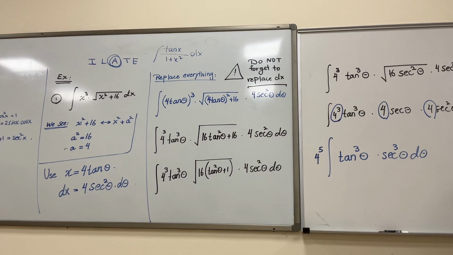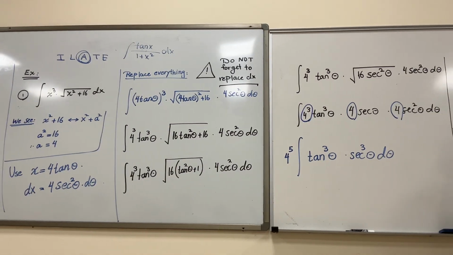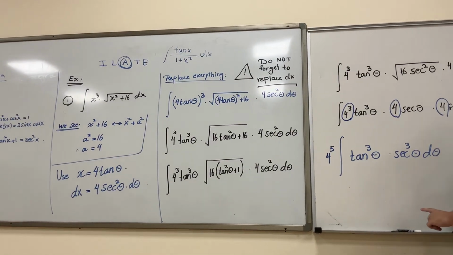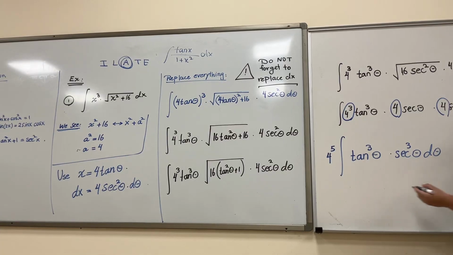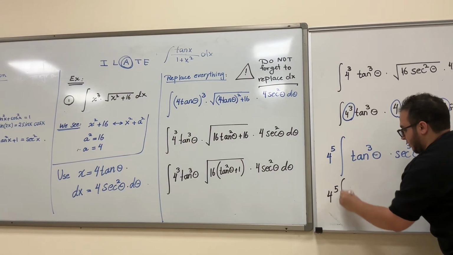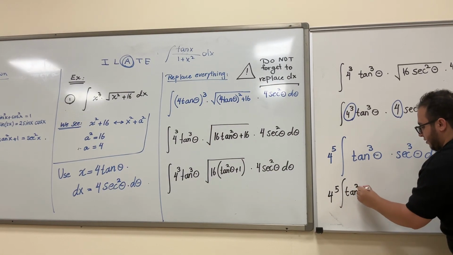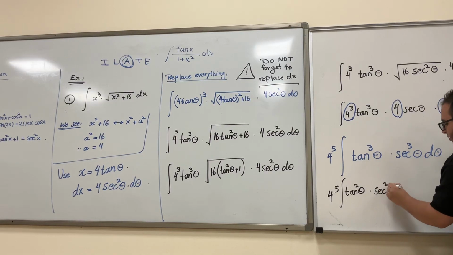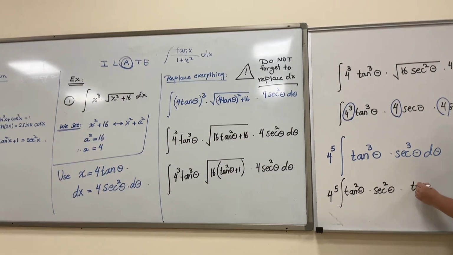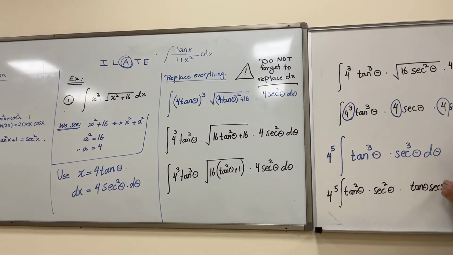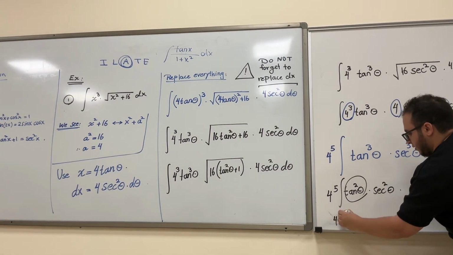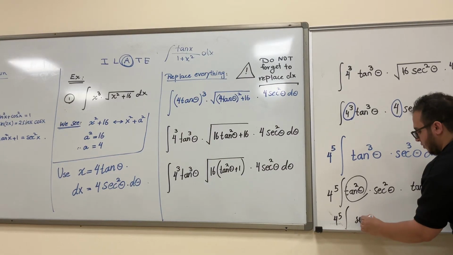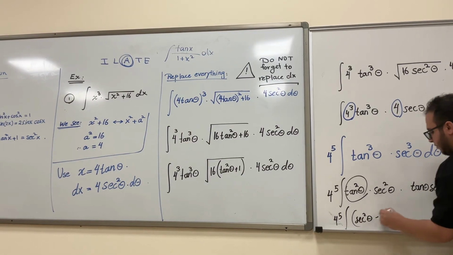So what do I do when tan is cubed? Pull a tan and a secant. Then I replace the remaining tan squared with secant squared minus 1.